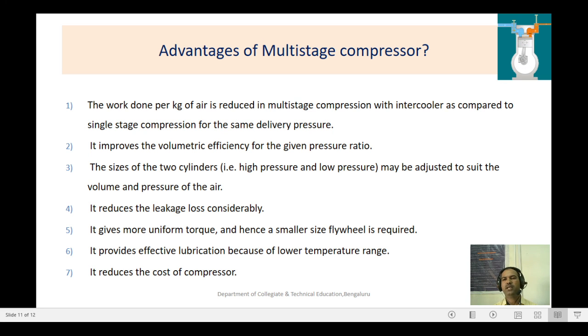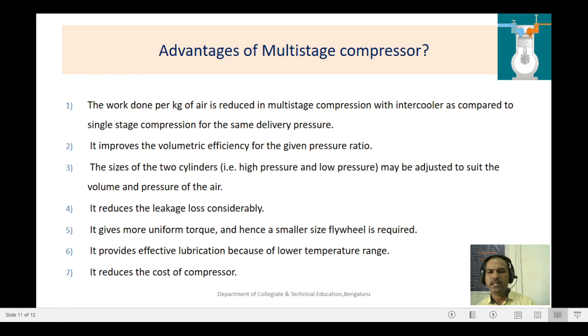To increase the volumetric efficiency, maintain the compression ratio and control the leakage loss, these multi-stage compressors are used for different applications. It may be a 2-cylinder, 3-cylinder, or 4-cylinder.